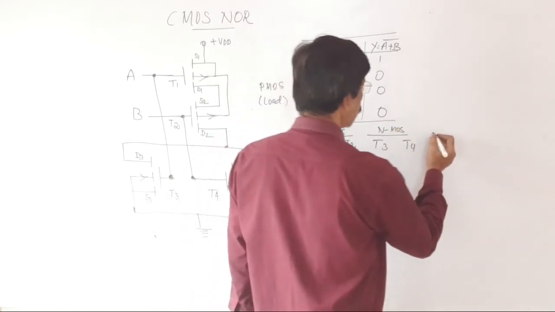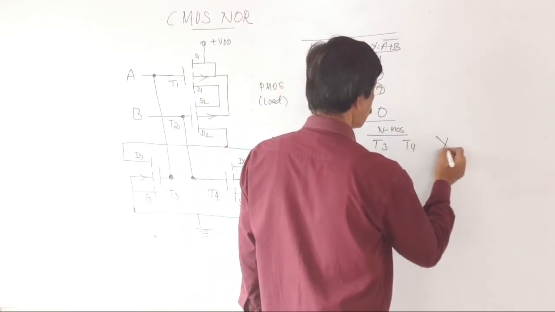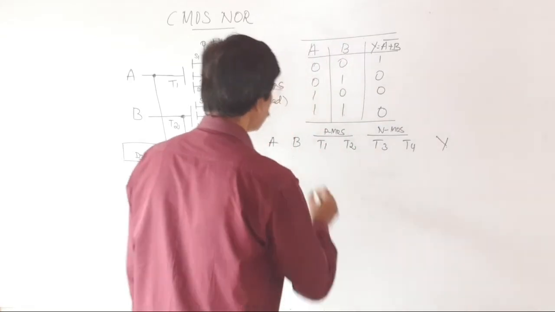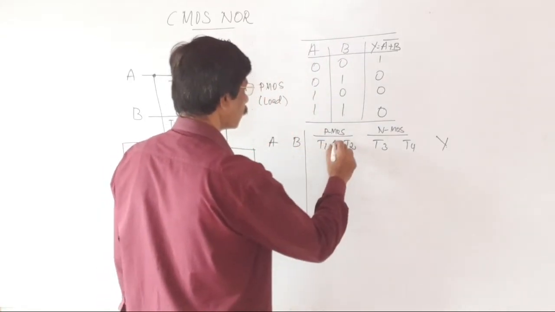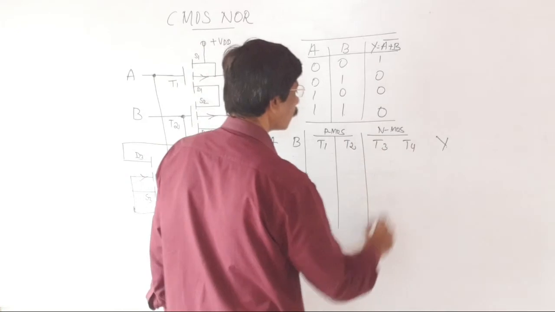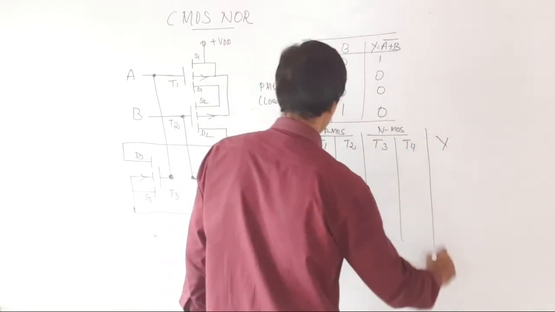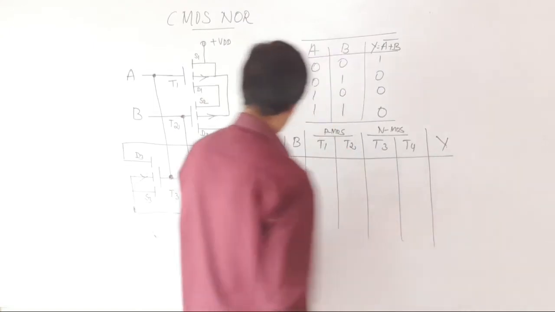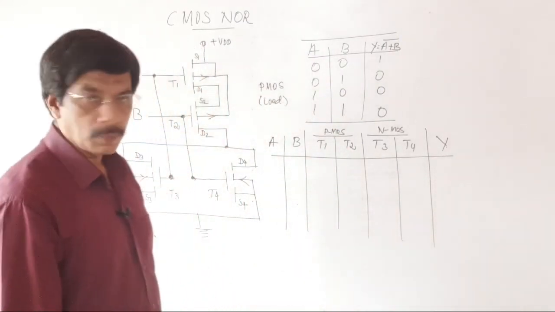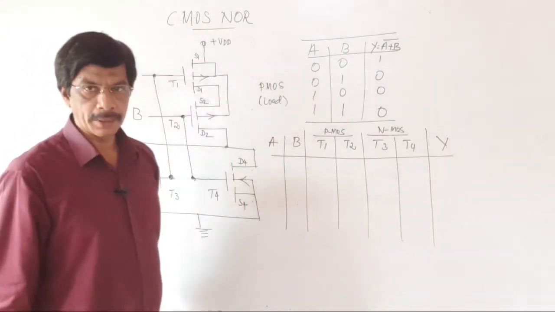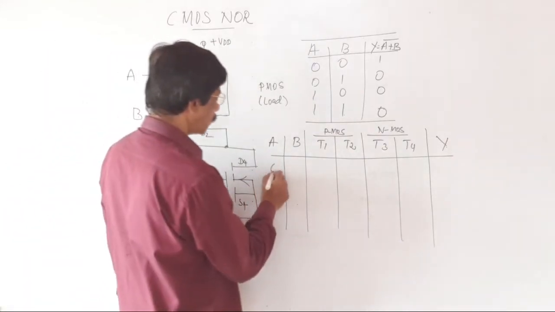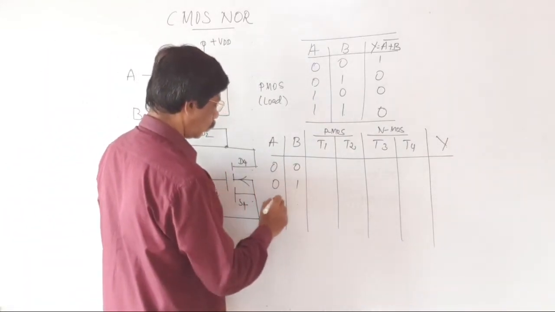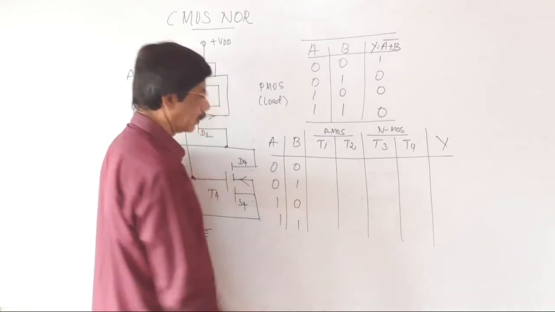The output is equal to Y. This is the working truth table for CMOS NOR gate. The different combinations 0, 0, 0, 1, 1, 0, 1, 1.